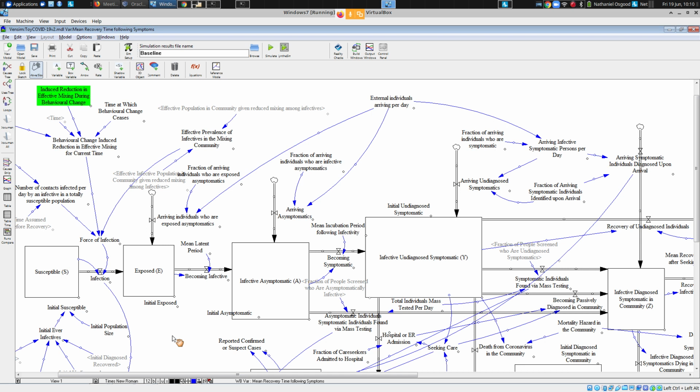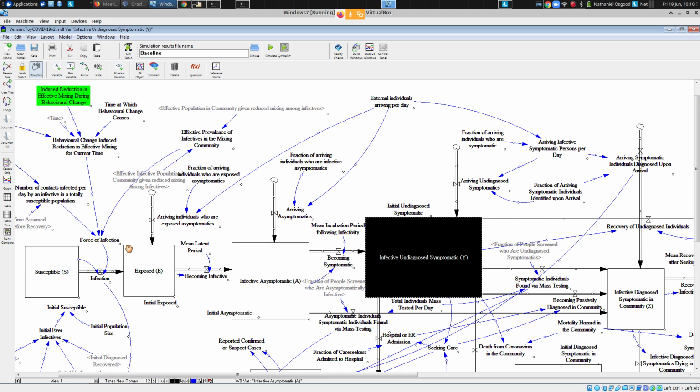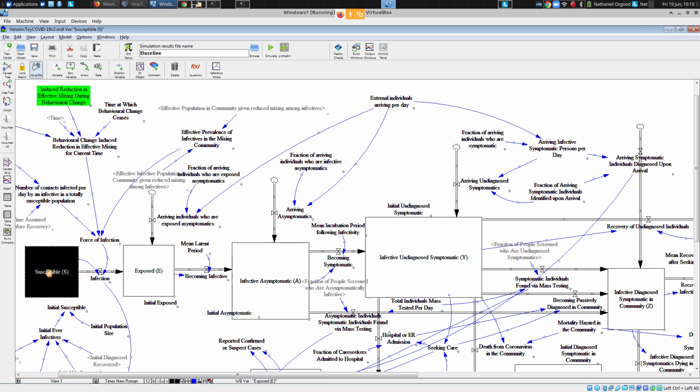Broadly, though, what you'll see is a set of modeling constructs, a set of modeling components, variously called stocks or levels or state variables, shown here as rectangles. Those indicate different subpopulations of a broader population.